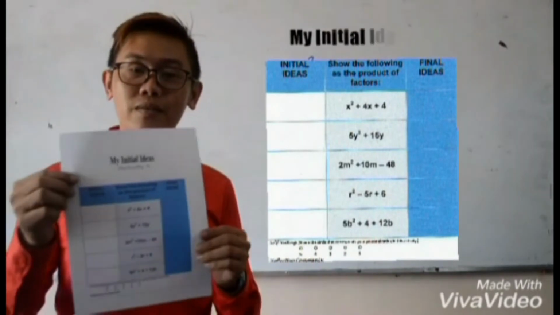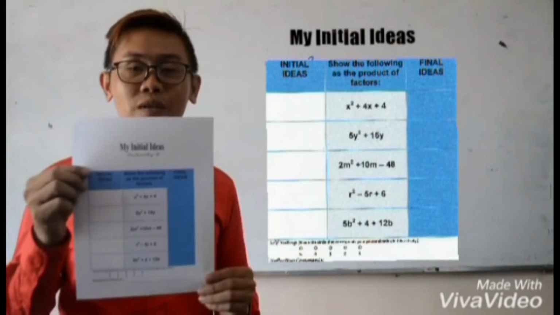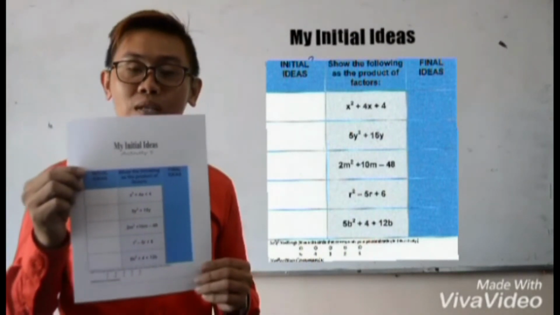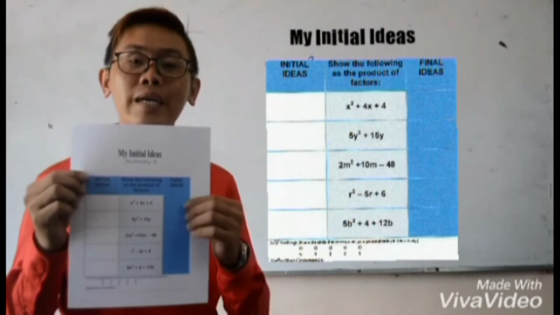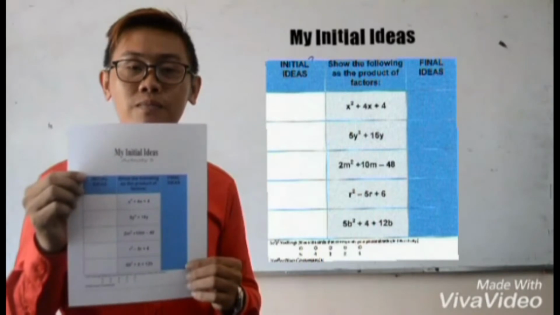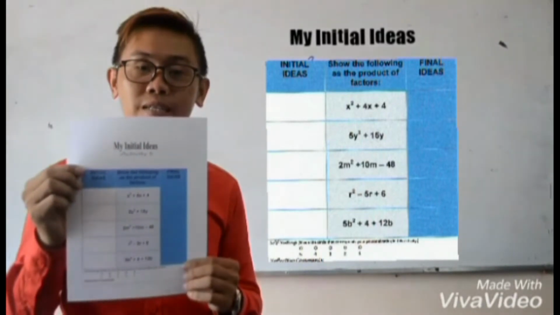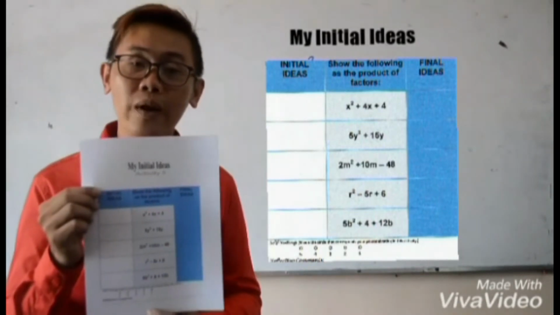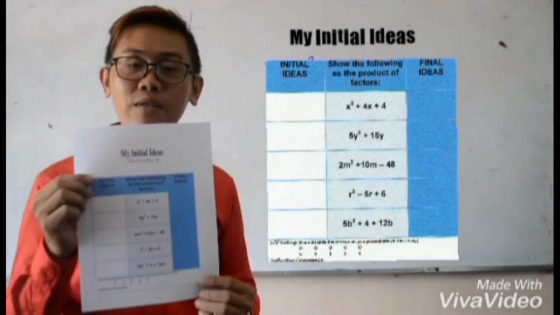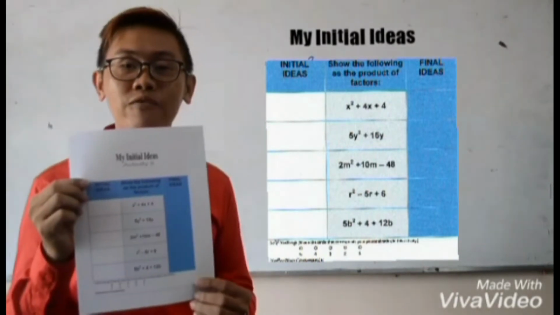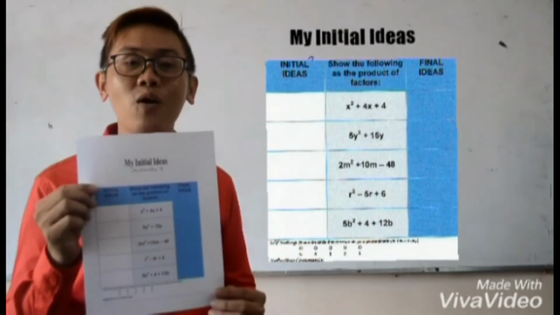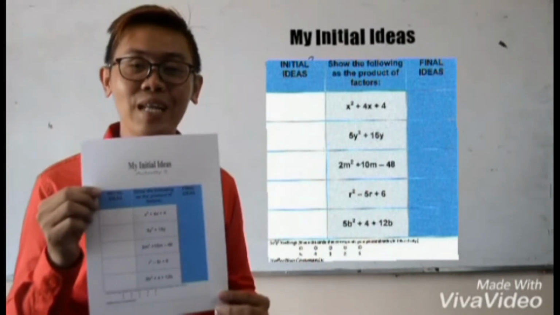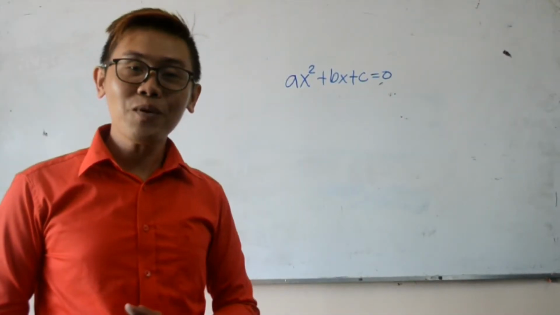The direction: you are going to factor the given quadratic equations in the second column and write your answer in the initial ideas column. After finishing the activity, you are going to rate yourself from 1 to 5. 1 is the lowest and 5 is the highest. And you can have your reflective comments on how you came up with your initial ideas. Just keep your initial ideas.